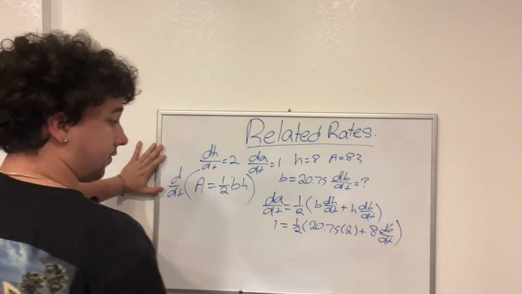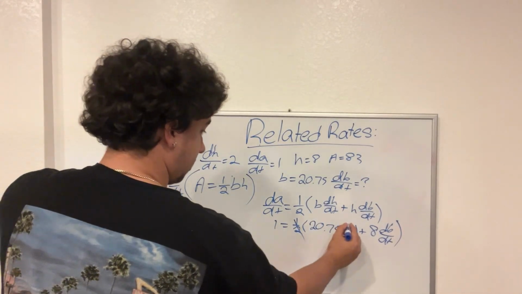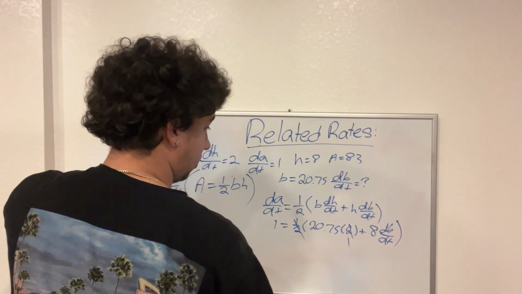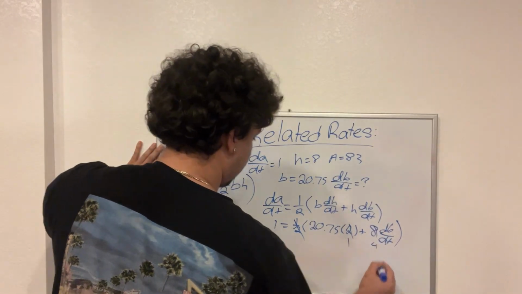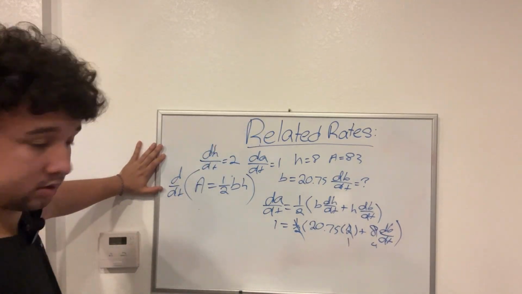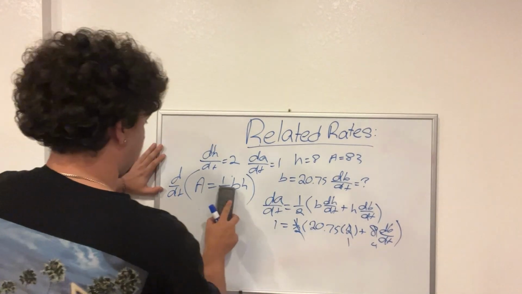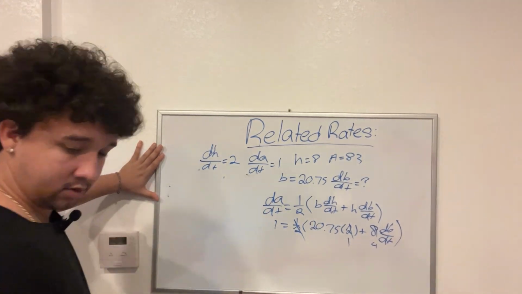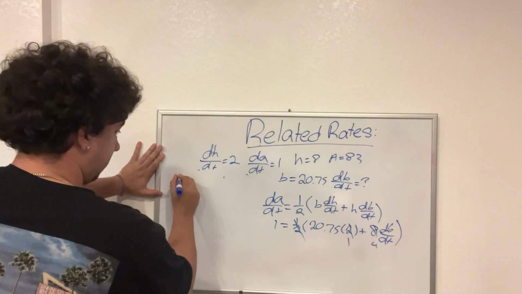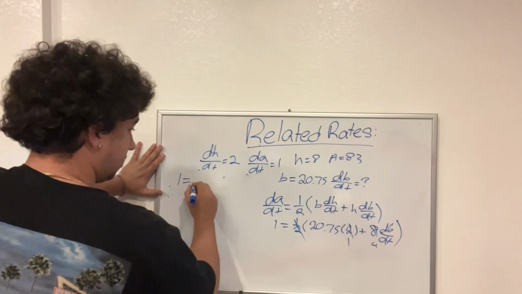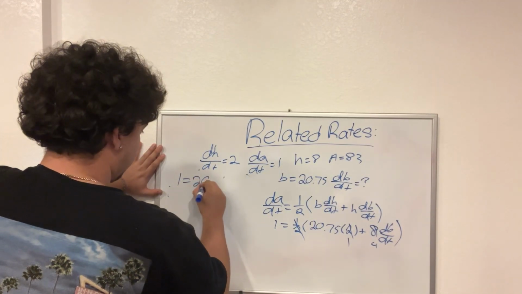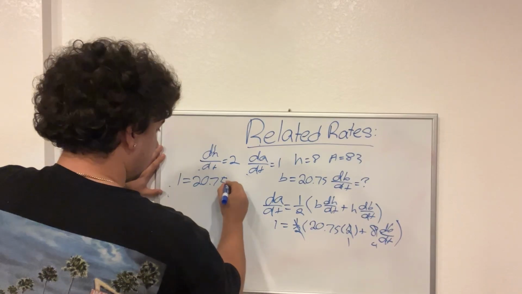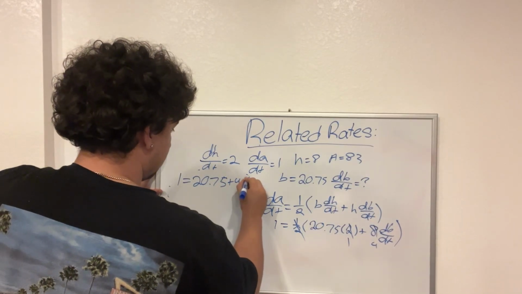And again, I'm distributing everything here. So this 1/2 is going to go with this 2. That's going to turn into 1. This is going to turn into 4 here. So in other words, let me erase this over here. I'm going to get 1 is equal to 20.75 plus 4 dB/dt.